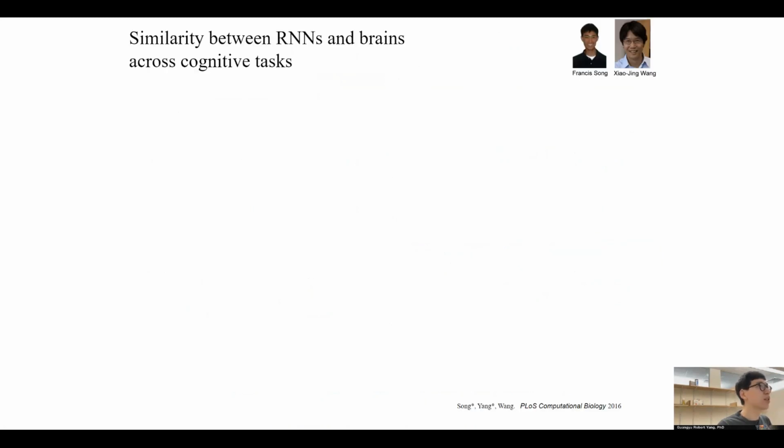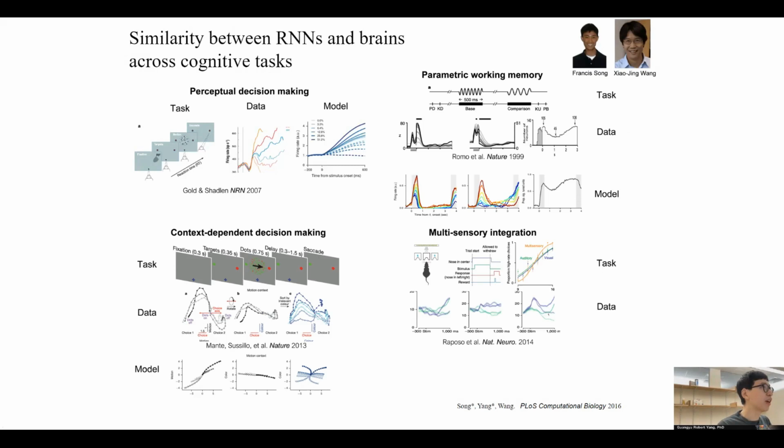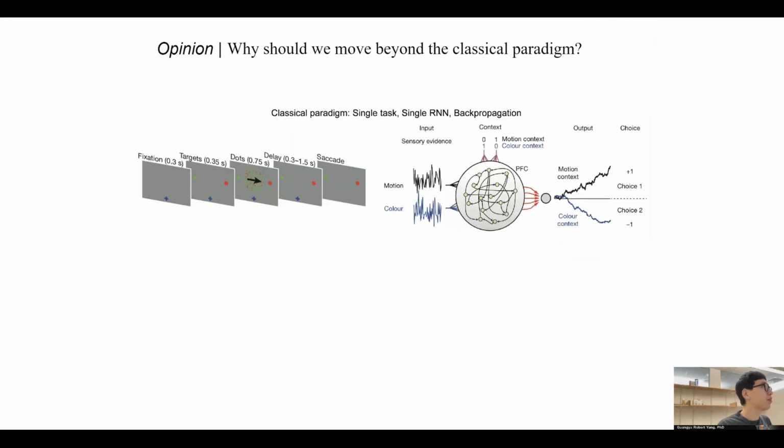Together with Francis Song and Xiaojing Wang, back in 2016, which feels like really a long time ago, we also tried to use this paradigm for many other tasks, and in most cases we were able to reproduce in our model what people have found in the data. So this shows that this paradigm, just like many others have shown, can be quite useful. But I'll first share some opinion about why we have to move beyond it.